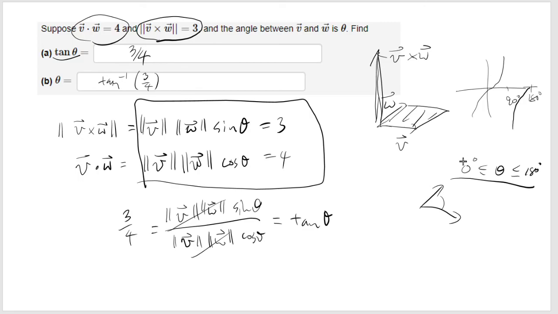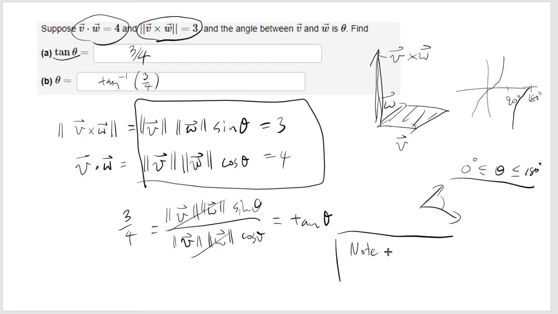So in some cases the dot product might be negative and this could be positive, and you might end up with tangent being negative. Then you can't write the answer as simply as tangent inverse of that value, because the tangent inverse of a negative number gives you an angle between negative 90 and 0 degrees.